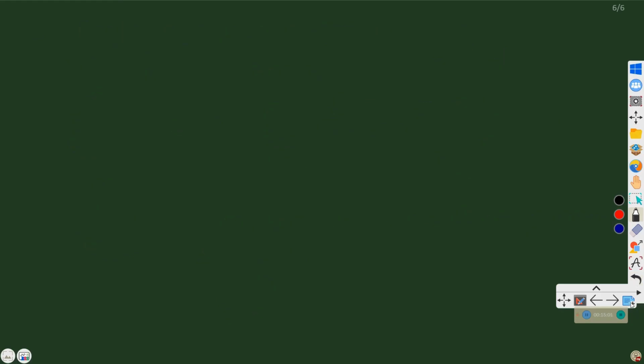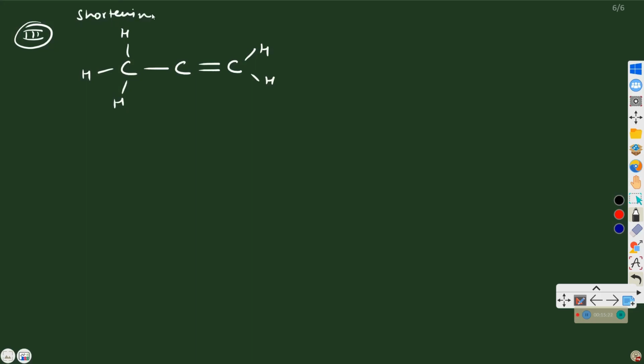Now, the next one is, due to this effect, the bond length of the carbon-carbon single bond next to the doubly bonded carbon is shortened. So the next effect is the shortening of the carbon-carbon single bond adjacent to the multiple bond.